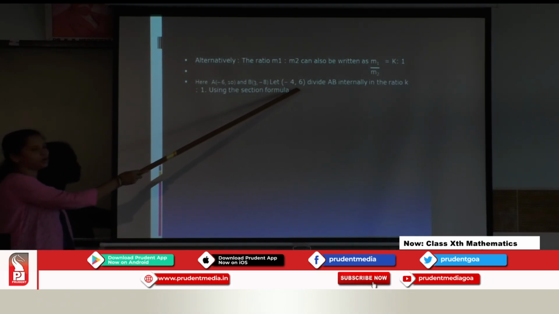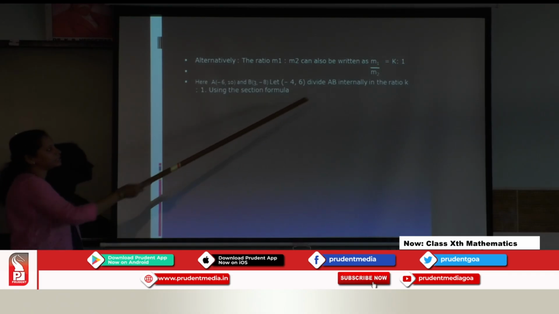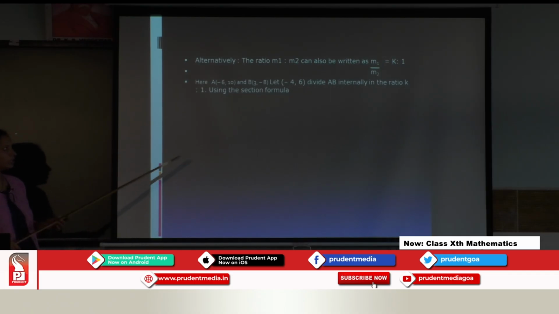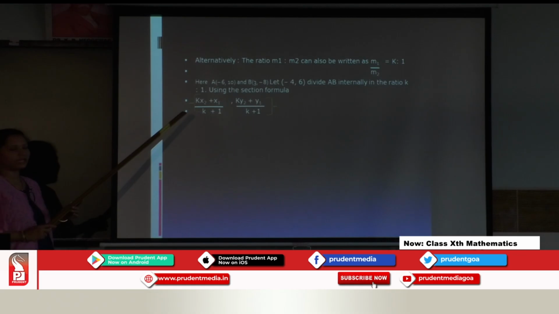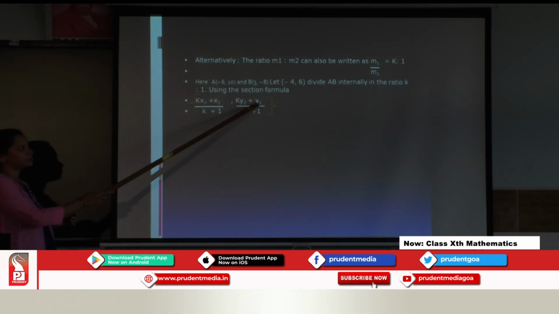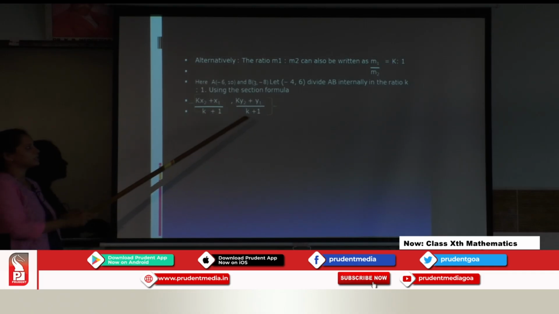Let (-4, 6) divide AB internally in the ratio k is to 1. So using the section formula, when the ratio is k is to 1, we write the section formula like this: (k x2 plus x1) upon (k plus 1), (k y2 plus y1) upon (k plus 1).